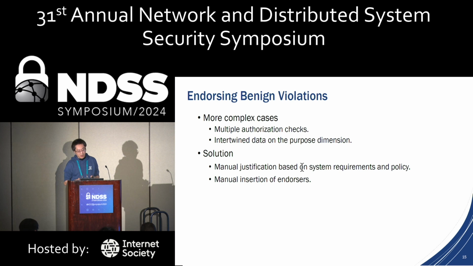Moreover, there are data objects that are used for different purposes in those authorization checks. Currently, in order to resolve those cases, extensive ad hoc manual effort is required to justify the underlying reasoning and make sure endorsers are placed correctly.